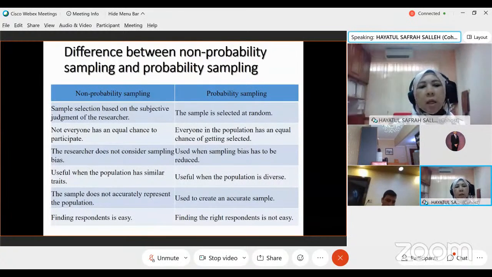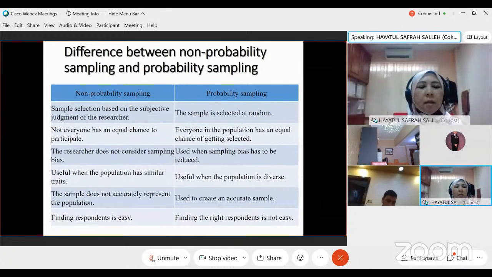But in non-probability sampling, the sample is selected based on the subjective judgment of the researcher. Also, not everyone has an equal chance to participate, but in probability sampling, everyone in the population has an equal chance. Then the researcher does not consider sampling bias in non-probability sampling, so probability sampling is used when sampling bias has to be reduced.